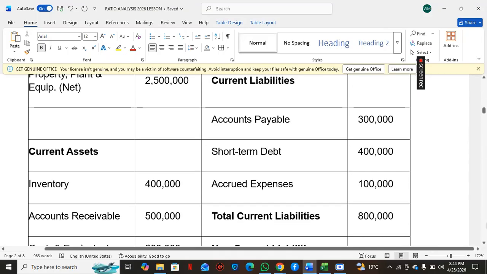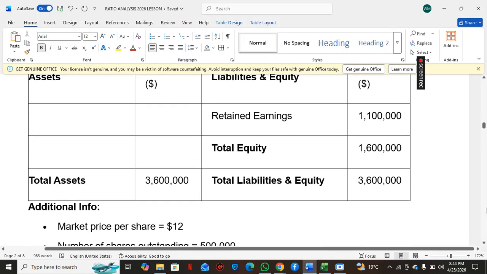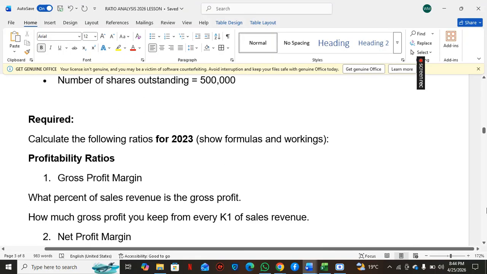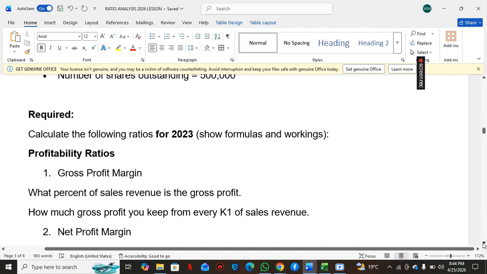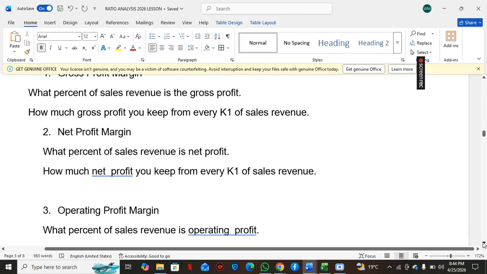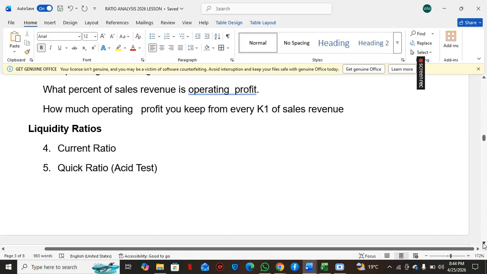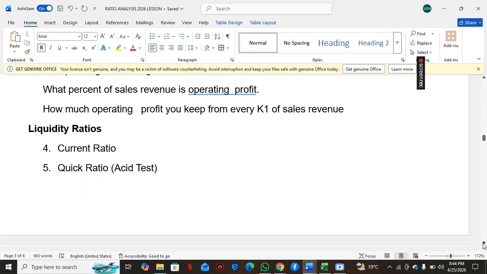Because if the revenue growth increases more than the profit growth, then it means from every sale you're making less operating profit. So these are the margin ratios for profitability. We're going to look at the return ratios as we go down here, but those are the margin ratios for profitability.